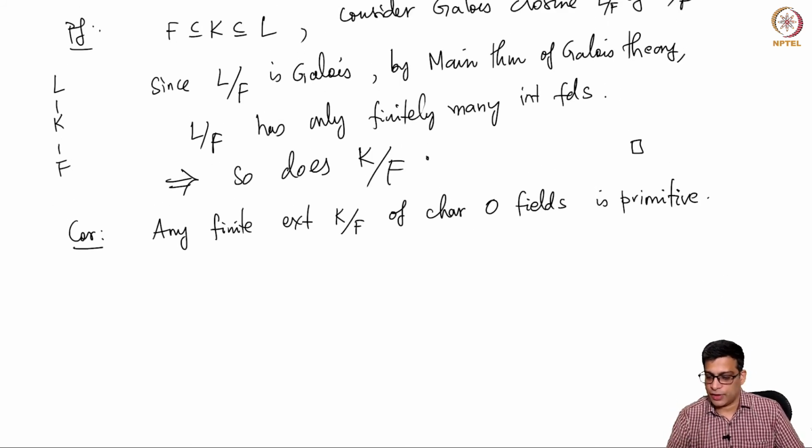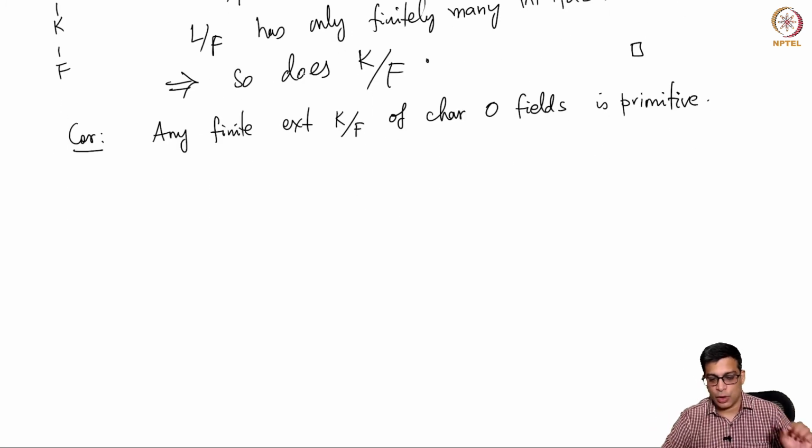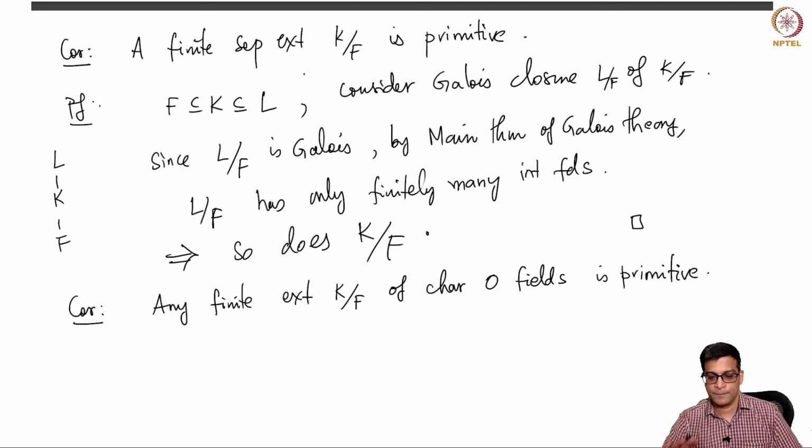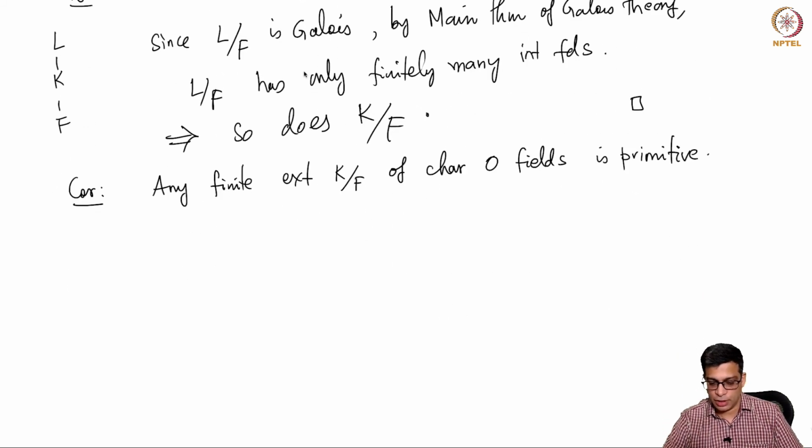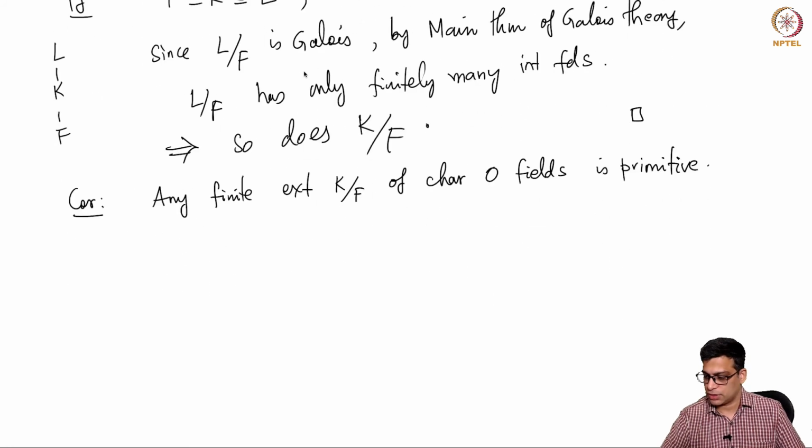Any finite extension of a characteristic 0 field is primitive. So this is something that has come up in some of the exercises that we have done in the past. Often it is tricky to find the primitive element, but we know now that they exist for any finite separable extension in general, and in the characteristic 0 case for any finite extension.